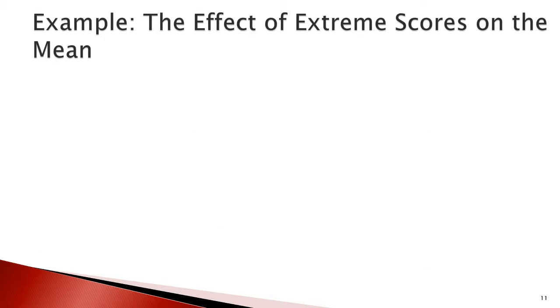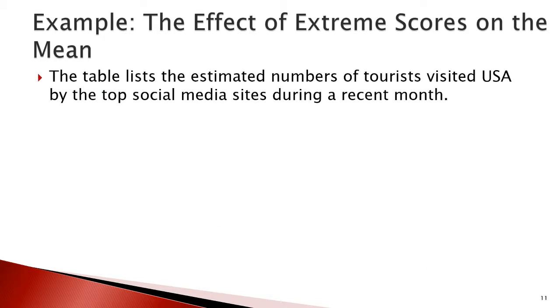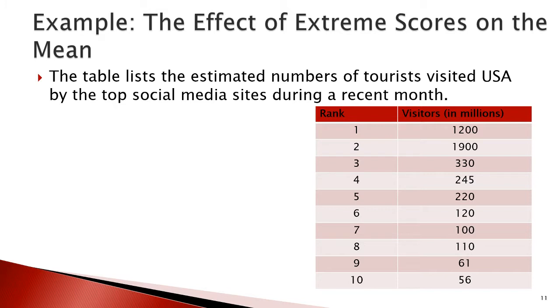Next one, we are going to calculate the mean of extreme scores. This table summarizes the estimated number of tourists who visited the USA through the top social media sites during recent months.